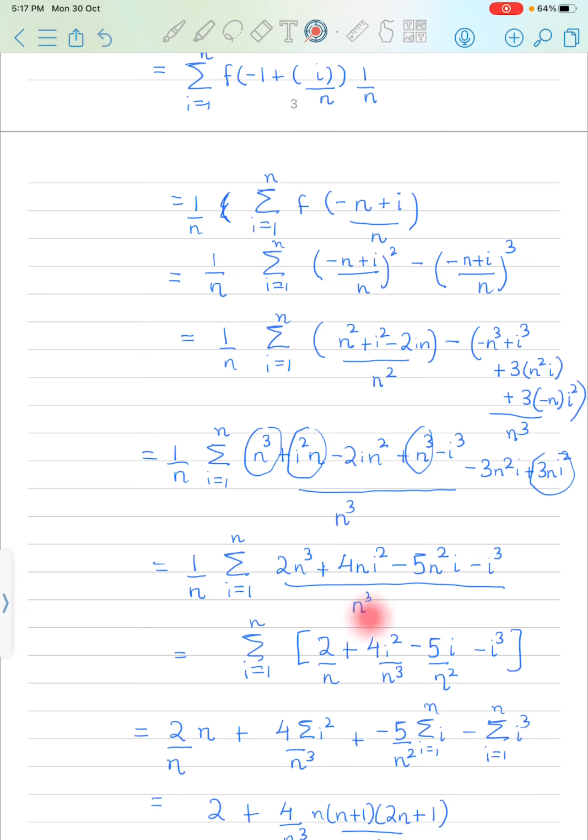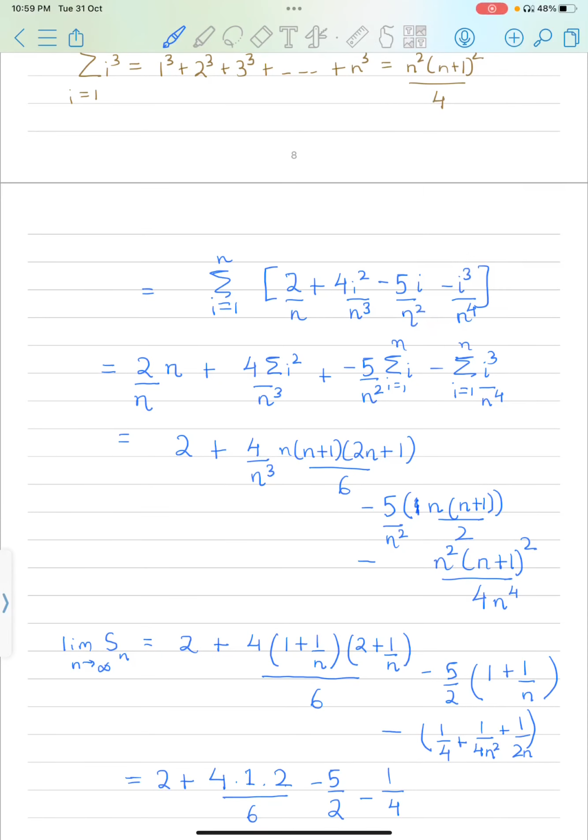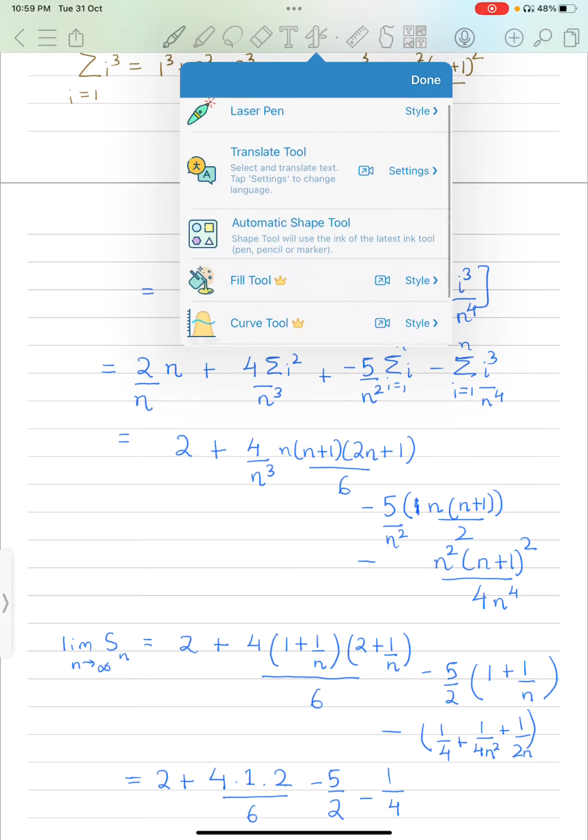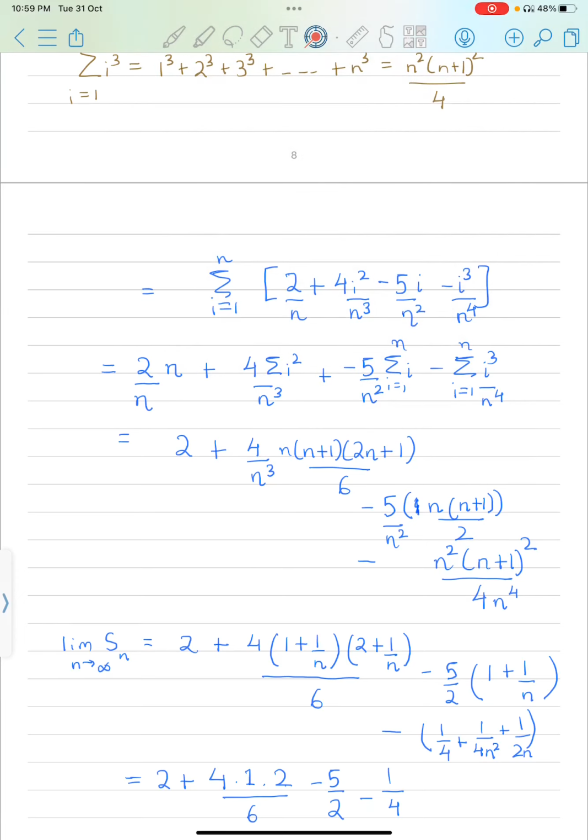Now you take n inside, and after dividing, it will be 2 by n, 4 i squared by n cubed, then minus 5 i by n squared. The last term is minus summation of i cubed by n to the power 4.